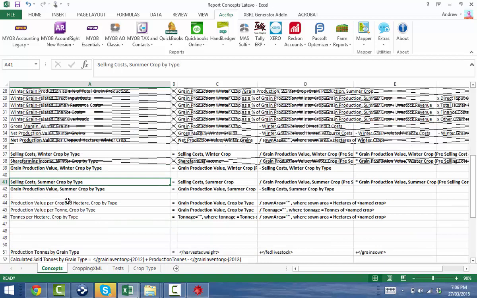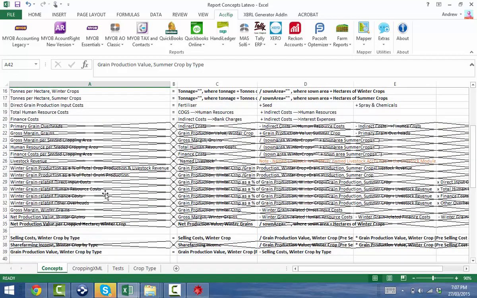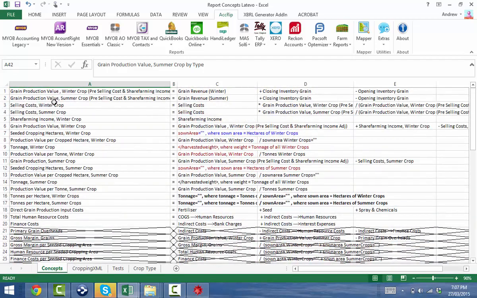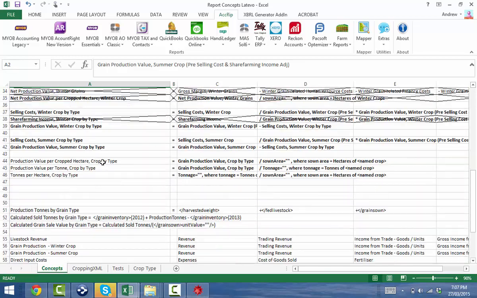And then we've got selling cost summer crop by type. So we've got to have a formula to break out the selling cost by type. It gives us the ability to then calculate grain production value summer crop by type. Of course we've got to factor out the specific selling costs on the given crop, summer crop, in order to produce that.